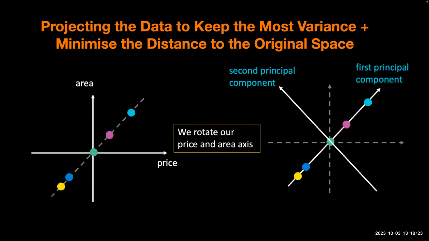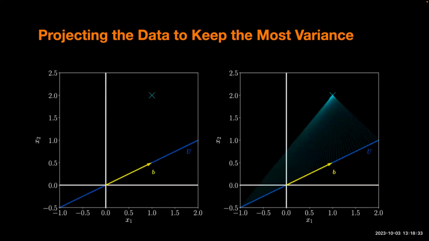But if you have thousands of dimensions, then finding the correct vector in these thousands of dimensions is very difficult. So this is the setting. You want to find the direction that you want to project your data onto such that you keep the most variance after the projection. So the goal here is to find such a B in an algorithmic way that is independent of the dimension.